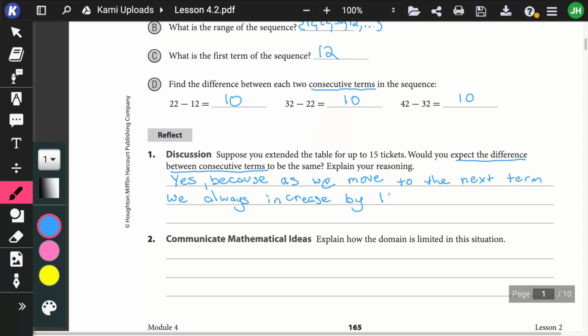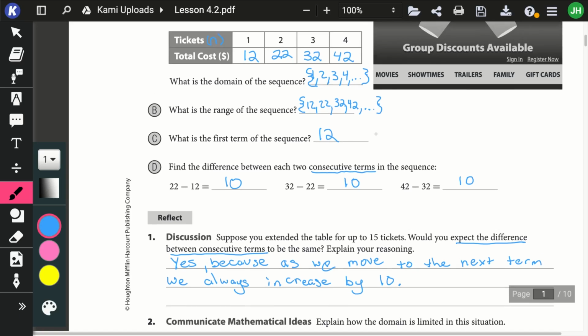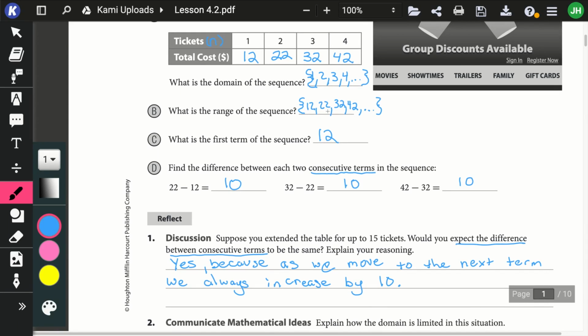So that's one of your clues, right? Look at the difference is always the same. What's our pattern here? Up by 10. Start with the first term, go up by 10.